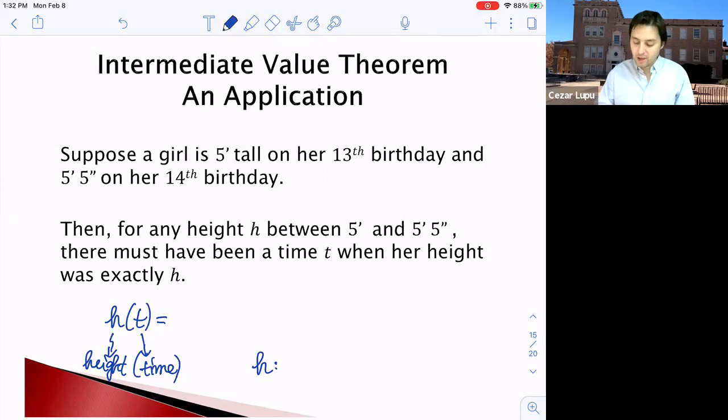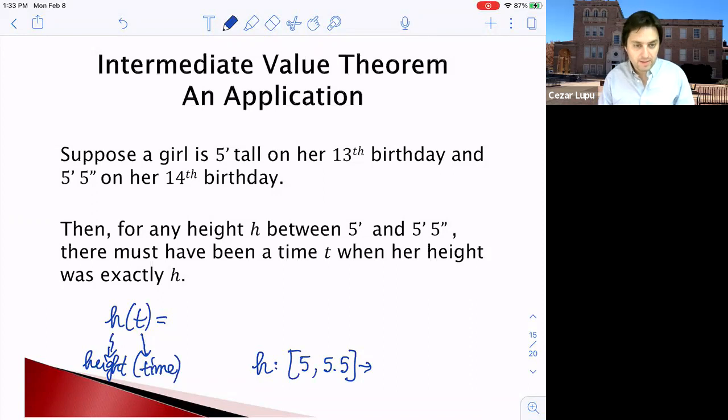Anyway, this will be defined on an interval, don't worry about it. Let's look: it's between 5 feet and 5.5 feet.